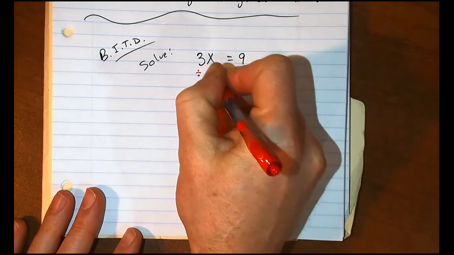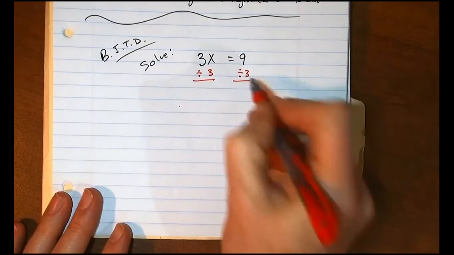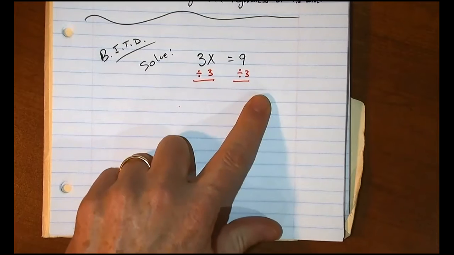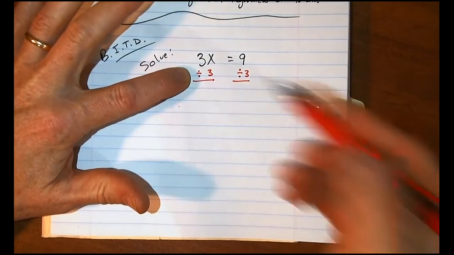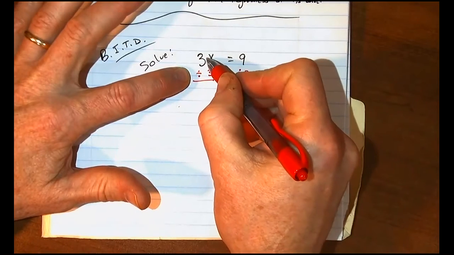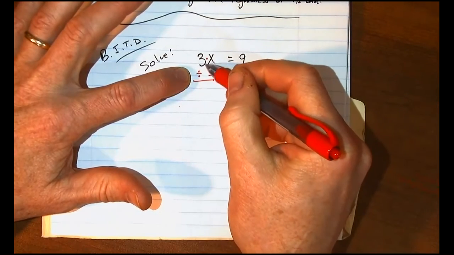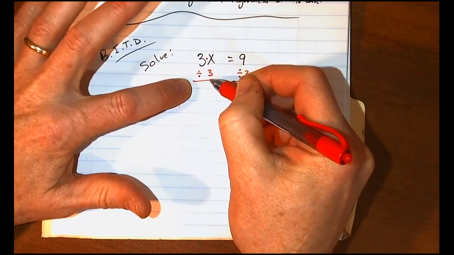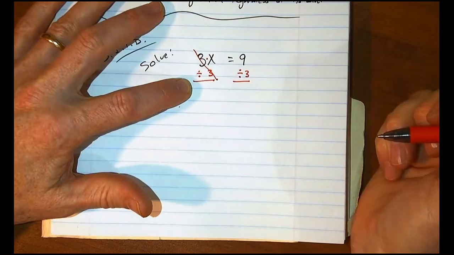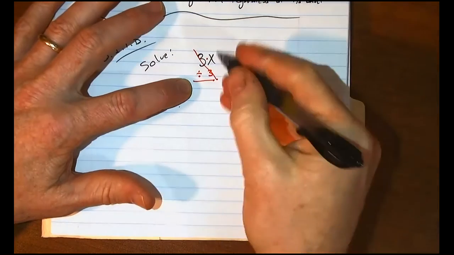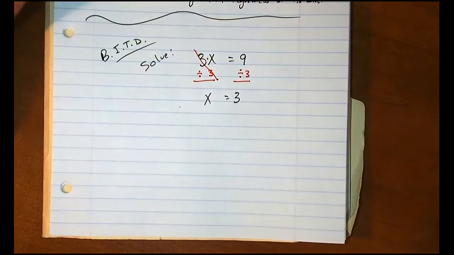That's exactly the right thing to do. I have to do it to both sides because algebra says anything I do to one side, I have to do to the other side also. The reason I choose to divide by 3 is because up here I have 3 times x, and the thing that cancels out multiplying by 3 is dividing by 3. Multiplying and dividing cancel. That leaves me with just the x on this side, and over here I get 9 divided by 3, which equals 3. And so now I've got my answer.